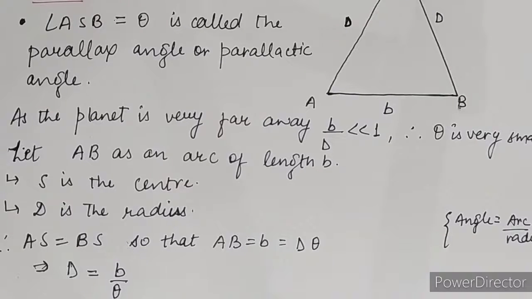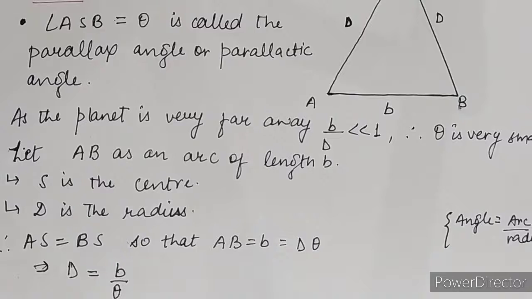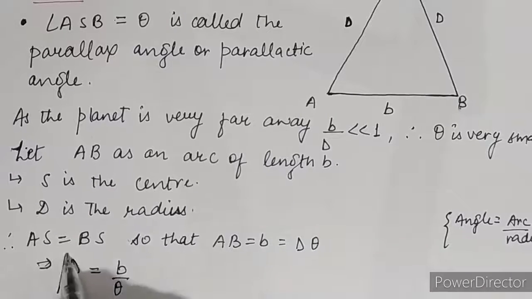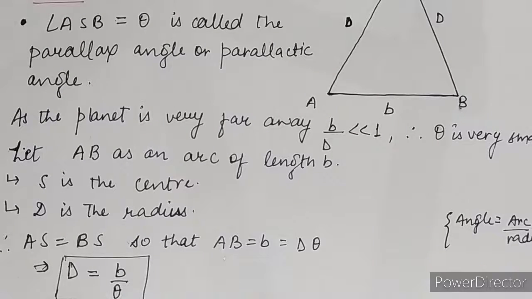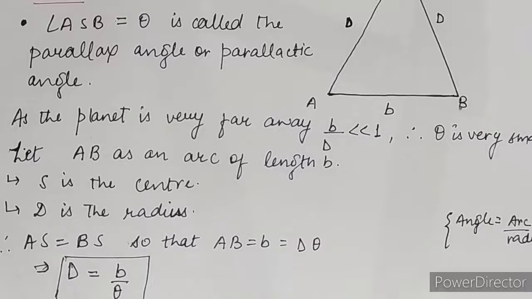If D is the diameter, then we take half of its size for the radius. Clear? So by this method we can easily find the values, because this distance we can easily measure and the angle also we can easily measure. So by taking the ratio of these we can easily find the value as well.